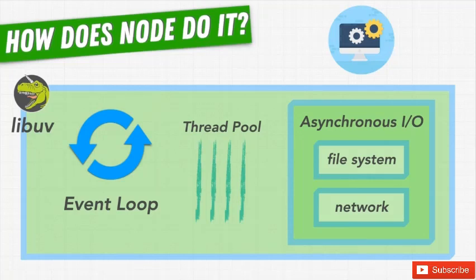It's these internals that allow Node to do its non-blocking I/O, that it's so famous for doing really well. And ultimately, this is what led us all here, to using Node in our applications and wanting to learn all about it.